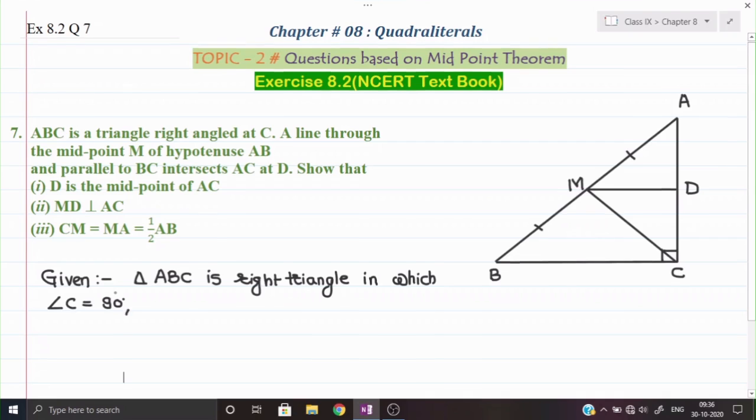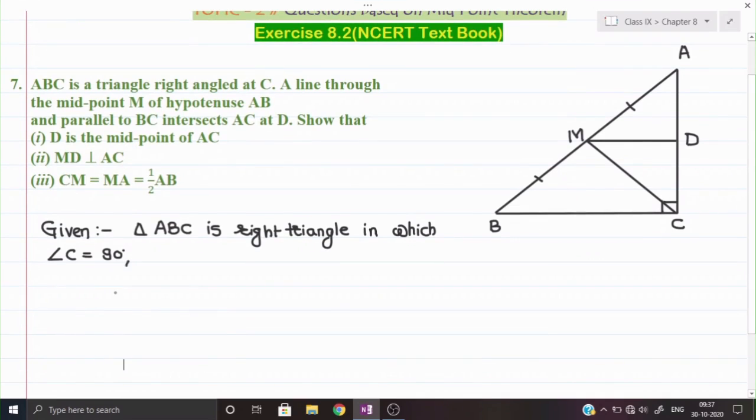And what else is given? M is the midpoint of AB. And one more thing given: the line drawn from M, that is MD, is parallel to the base BC. So three things are given.